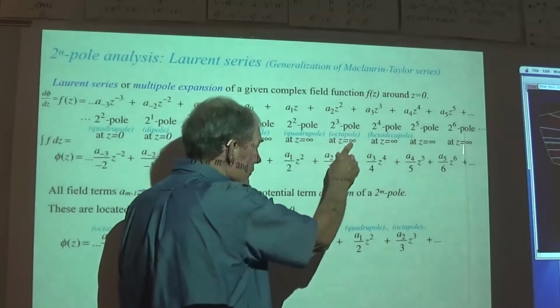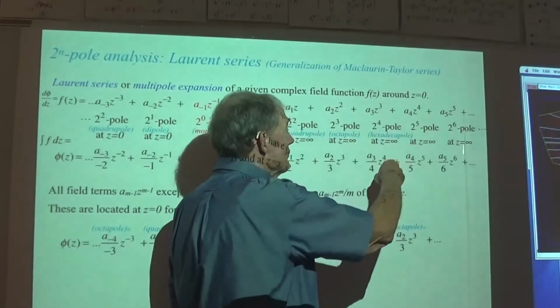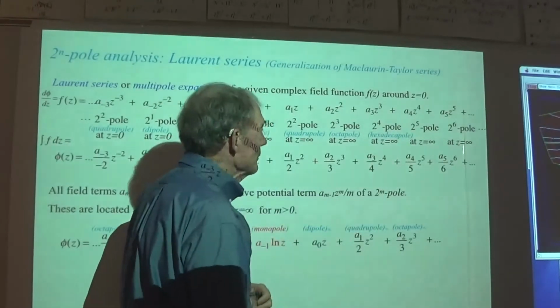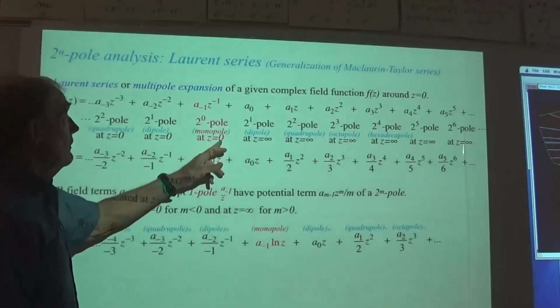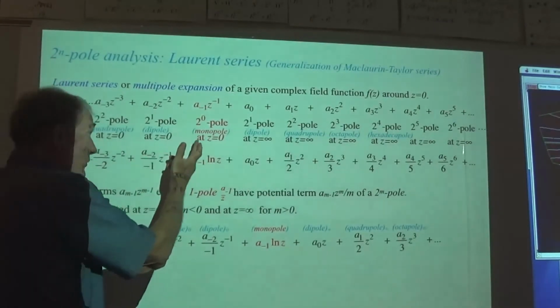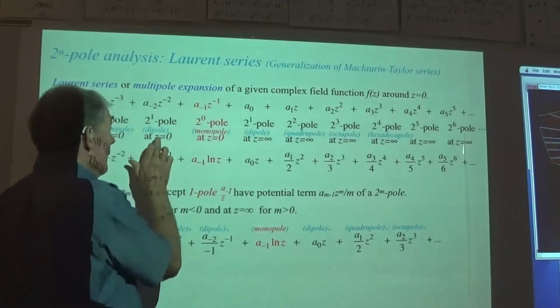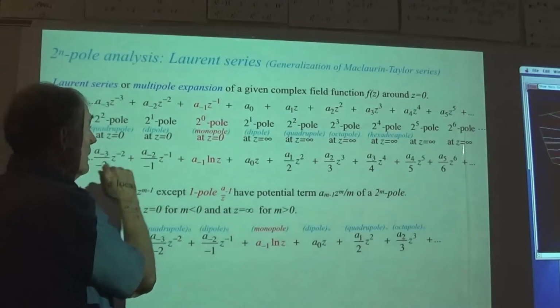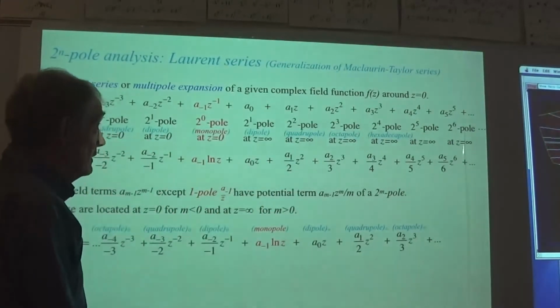But the basic idea is this series in principle goes forever. Next stop is the hexadecapole, never quite makes it to the pole dancer. But going the other way, okay, you're talking about sources that are at your home at z equals 0. Okay, you've got a monopole, a dipole, and a quadrupole that we've been showing pictures of here.